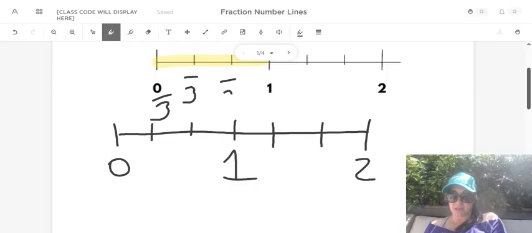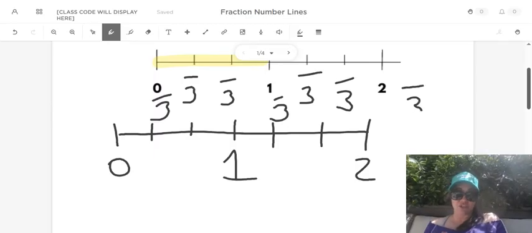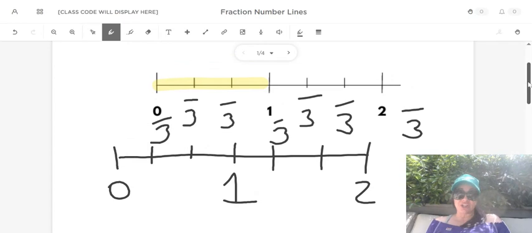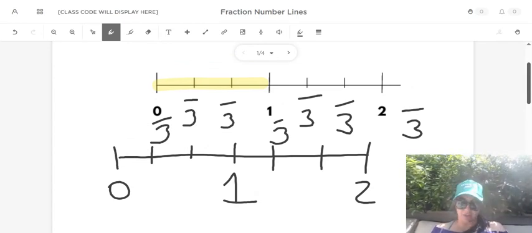Denominator of 3, denominator of 3. Don't forget big 1 also gets denominator of 3, and big 2 also gets denominator of 3. Now it is just you labeling this fraction number line. If you want to make sure that you're on the right track, what I would do is start at the big 1 or 1 whole.